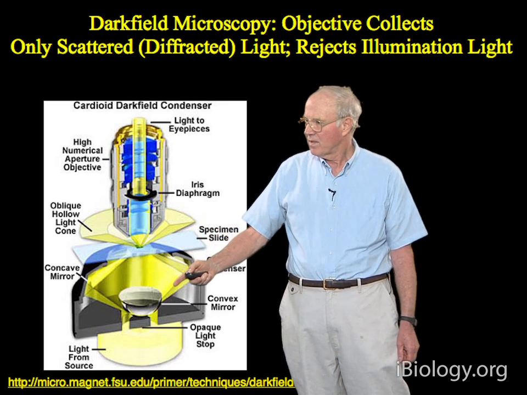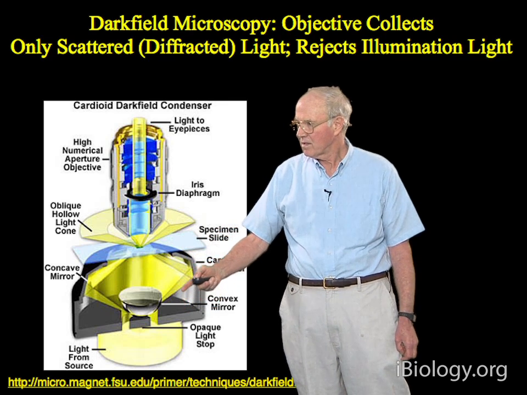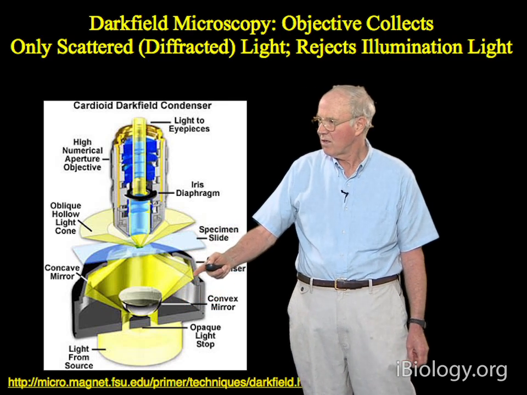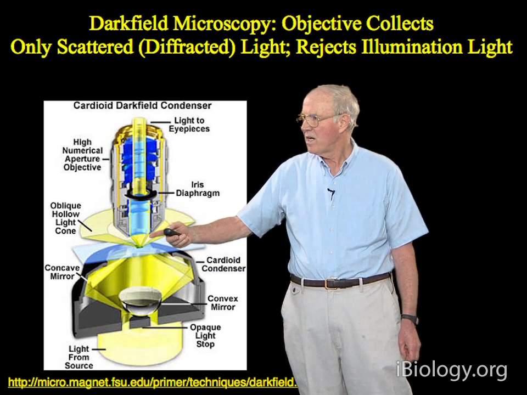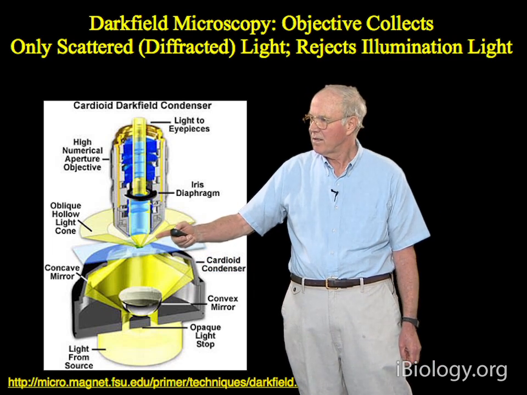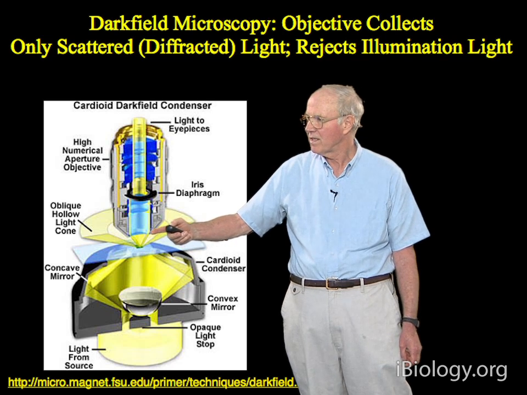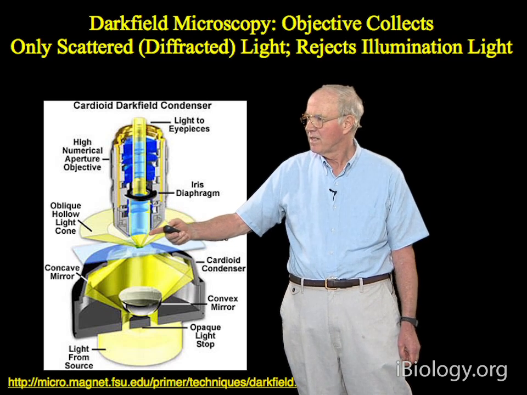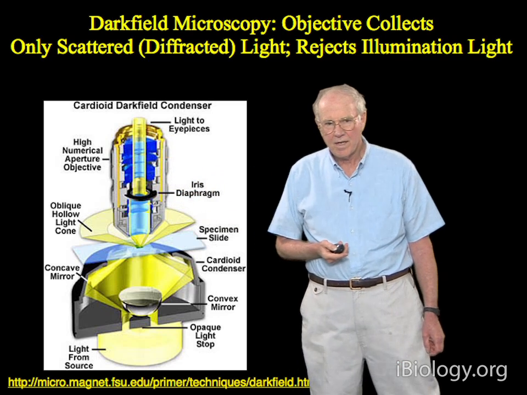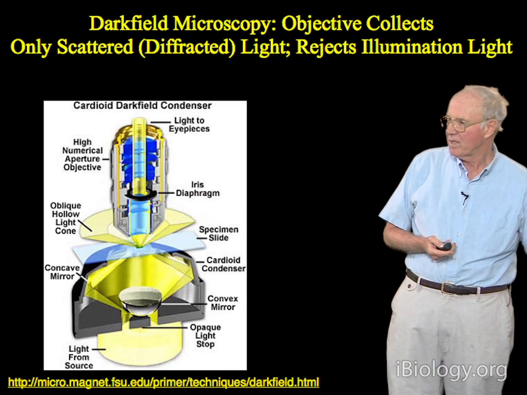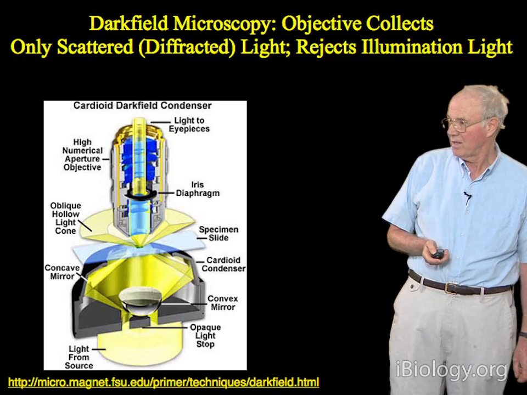And this is done with condensers, often specialized condensers called a cardioid condenser, so that the numerical aperture of the illumination of the specimen produces this cone of light that can't enter into the objective. The objective collects just the scattered light and generates a bright image of the transparent specimen from that scattered light.